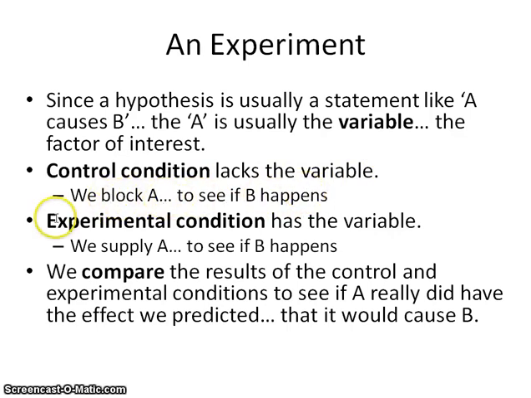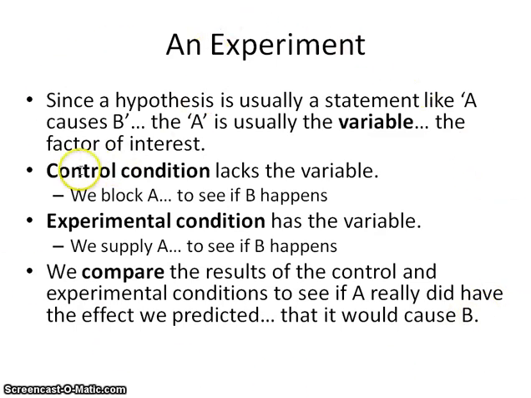The experimental condition has the variable. So that's the one where we're supplying A to see if B happens. And then, of course, we're going to compare the outcomes of those two conditions. We want to see if A really did have the effect that we predicted, that it would cause B. So right there is the basis of a good experiment.